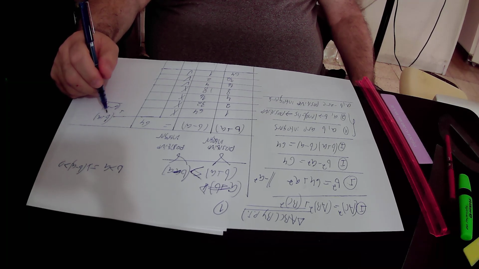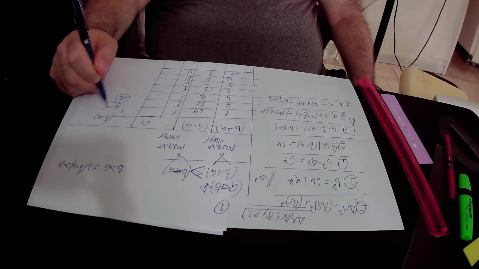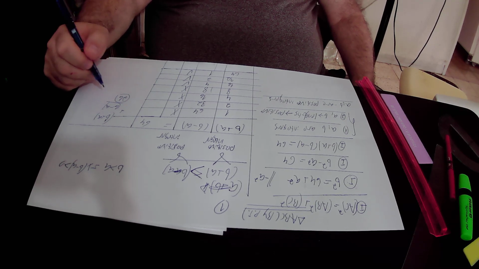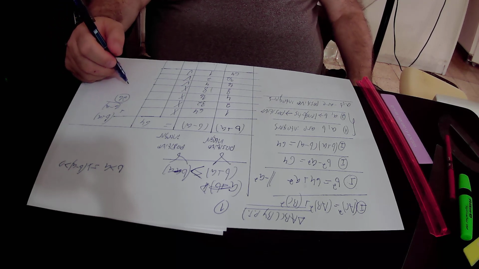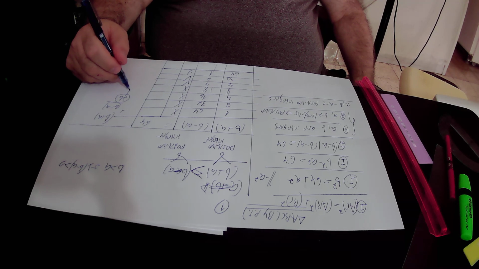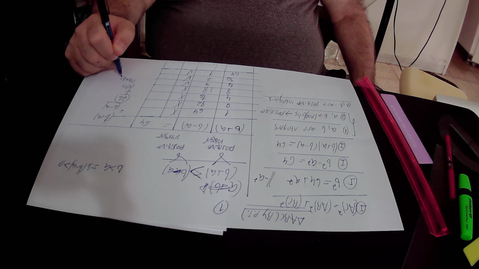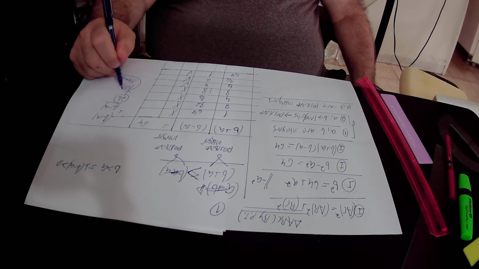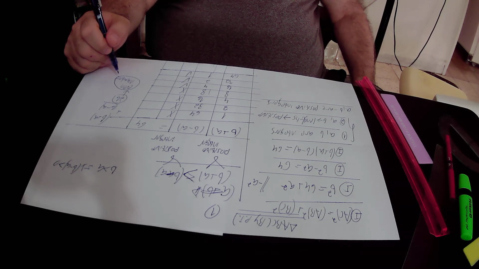Here, b plus b is 2b, and a minus a is 0. b is a positive integer, therefore 2 times b is an even number. That is to say, when we add the two numbers together, the result must be an even number.